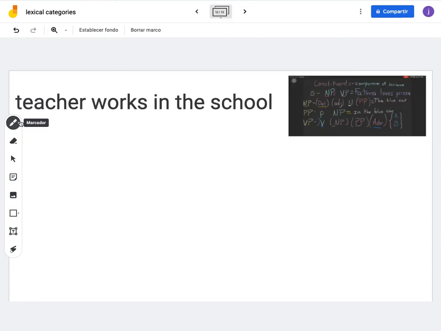So now we have another sentence. Well, it's the same sentence, but in this case we add this part. Okay, "in the school." So we identify the elements, that is noun phrase and verb phrase.